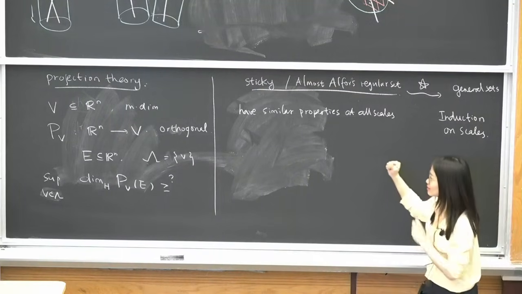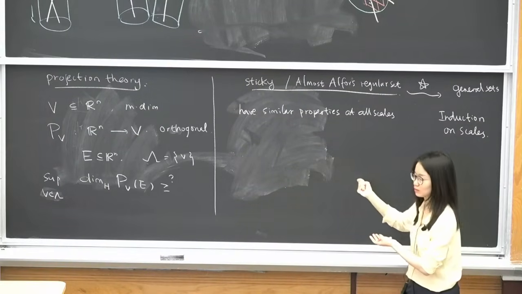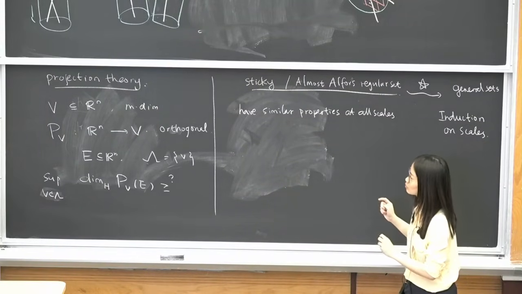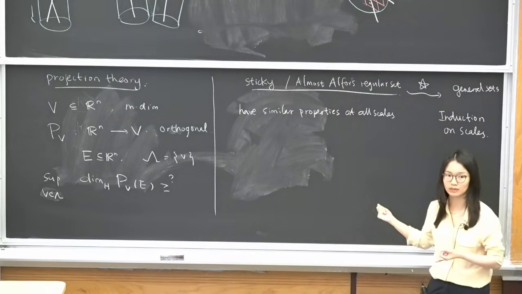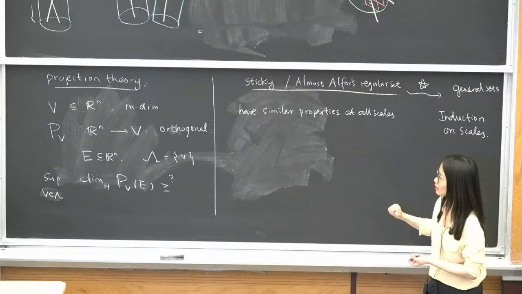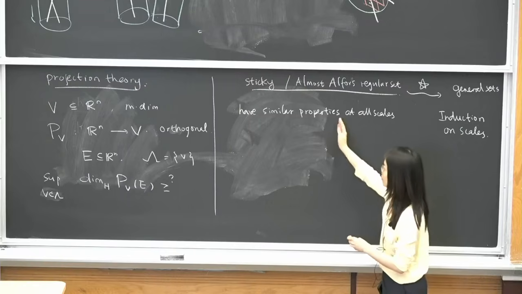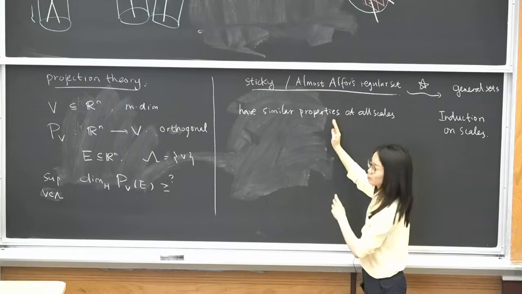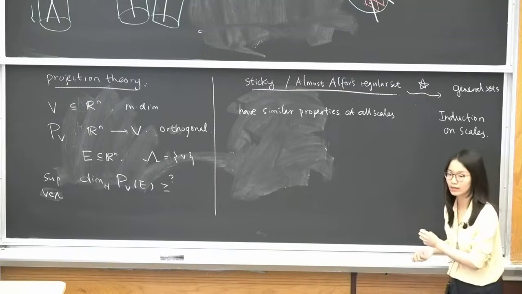I want to say that there are a couple of problems that we succeeded on. For instance, the Heisenberg set conjecture was proved this way, and also the Kakeya set in R3, we proved it in this way. There are still some open problems where people know how to prove the sticky case, but we still don't know how to do the general case.